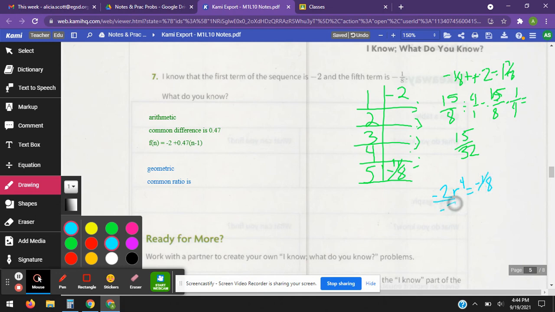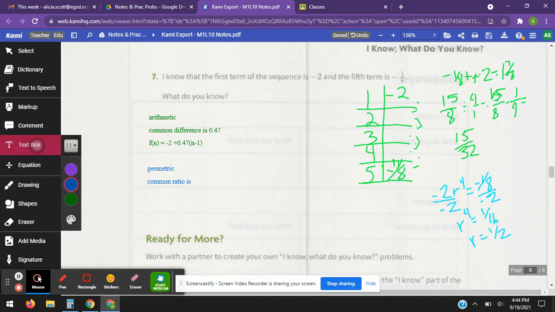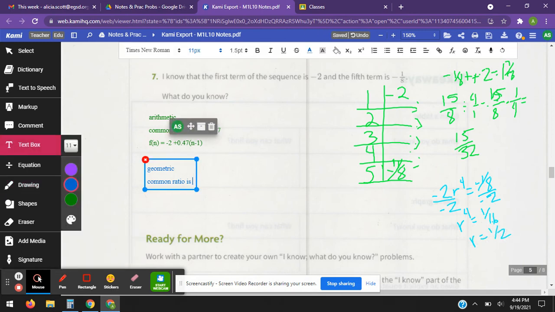Well, if I divide by -2, divide by -2, half of -1/8 is 1/16. Positive, double negative there. Well, the 4th root of 16 is 2. So r is 1/2. So over here, my common ratio is actually 1/2.